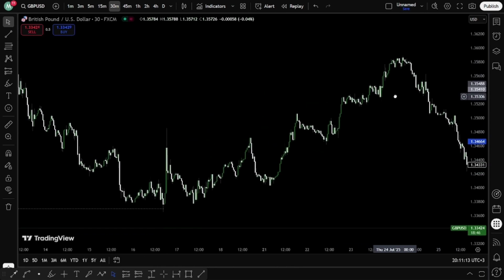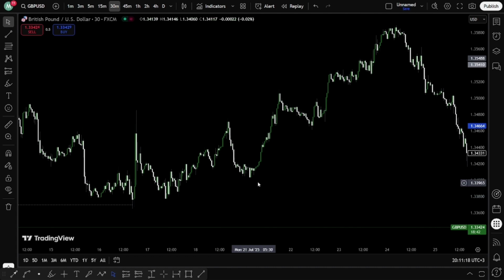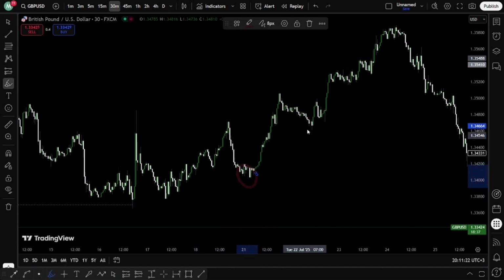For example, we are told that with the trend lines, you consider the first touch, second touch, and the third touch. You get it? I don't know if this touched well, but we are going to draw the trend line and see. So they told us that first touch, second touch makes it strong. Then on the third touch, we enter in the direction of the trend line or the trend.